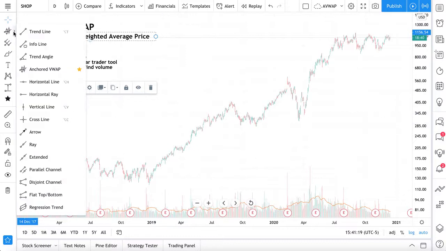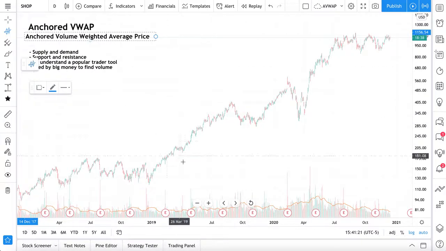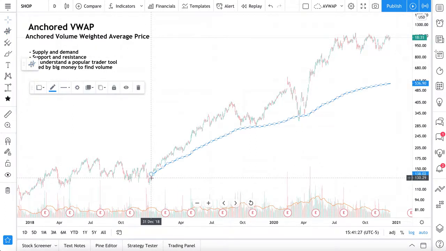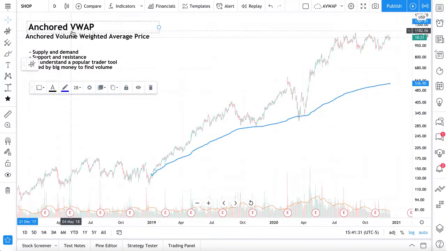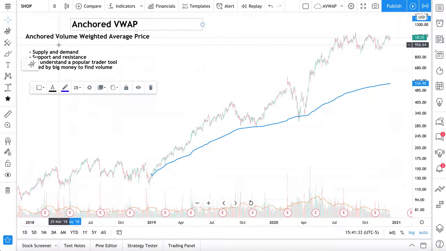And now let's take our anchored volume weighted average price. Let's go to 2019. Let's do the start of 2019. We select. Now watch how cool this is for support and resistance.